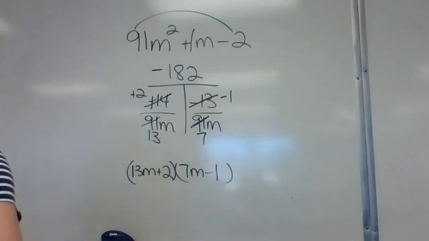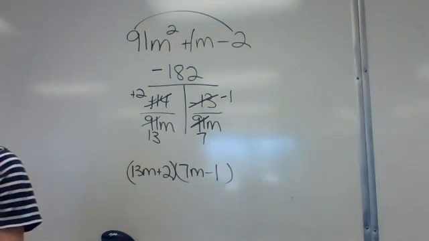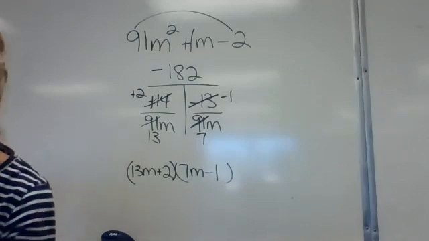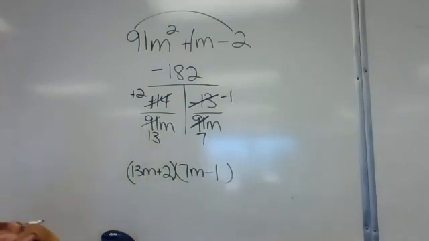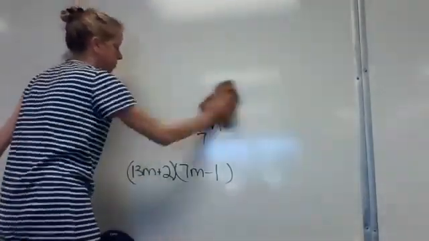All right, let's look at number 7. X squared minus 49x plus 18.